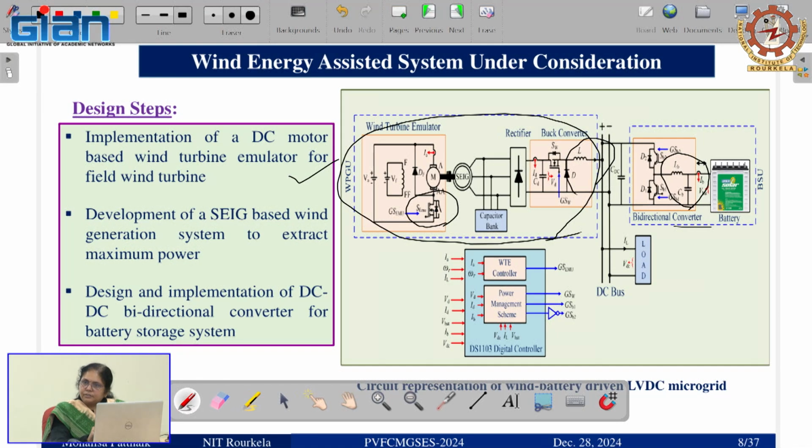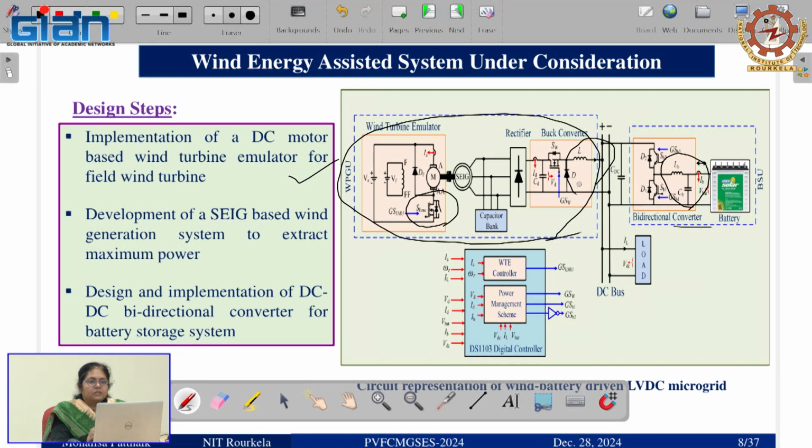I have started with wind, and you can do the same thing for solar. But solar becomes simple because it is DC to DC directly. It is giving DC, so you can design the DC to DC converter directly. So it is much easier compared to developing a wind turbine or a wind energy conversion system.